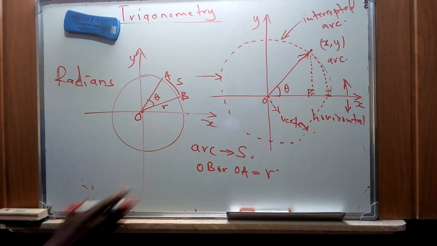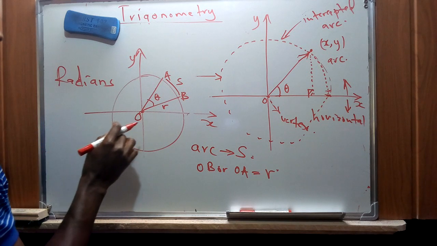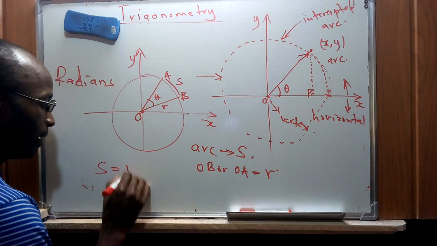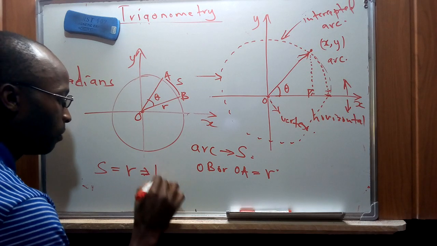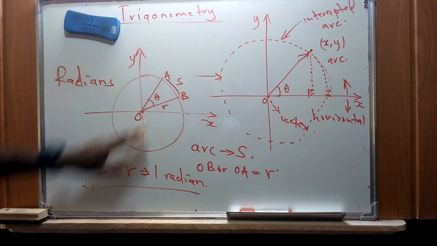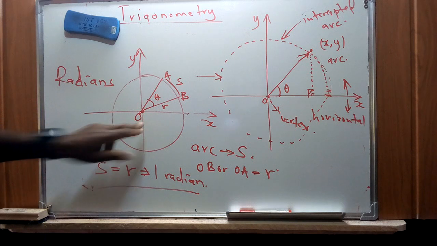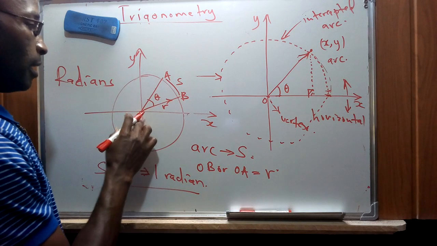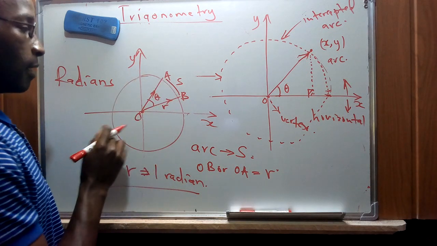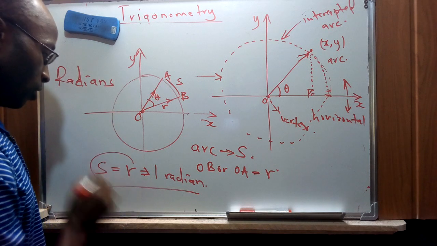Whenever the distance moved from A to B or B to A is equivalent to the radius R, we call this 1 radian. So the radian measure of the rotation of the ray from OA to OB, which is theta, is 1 radian if this condition holds.